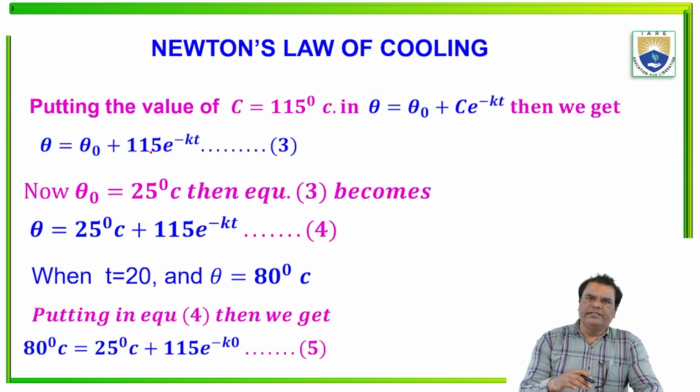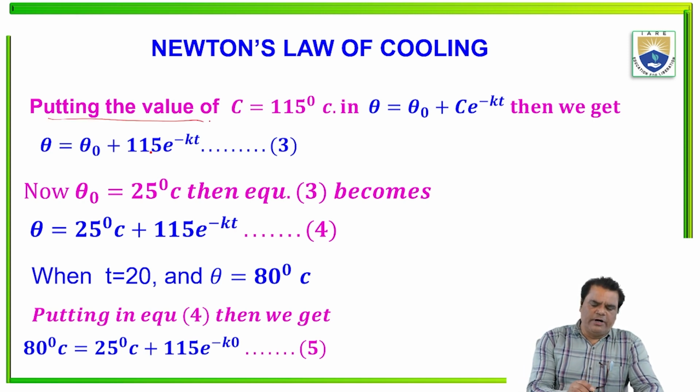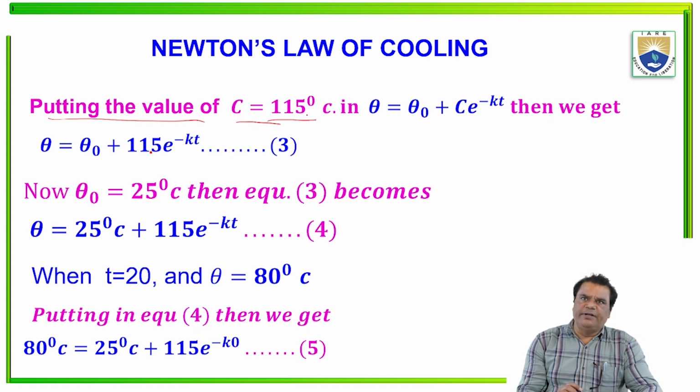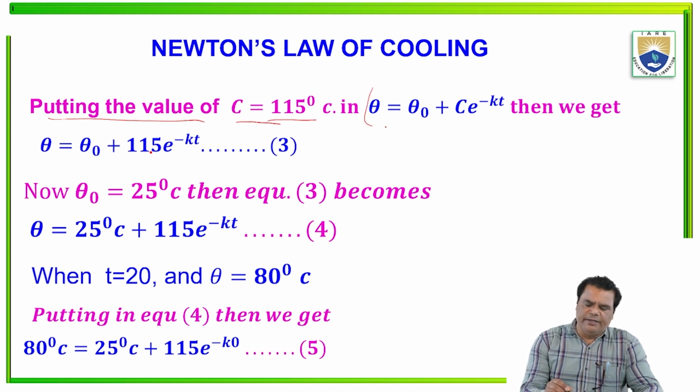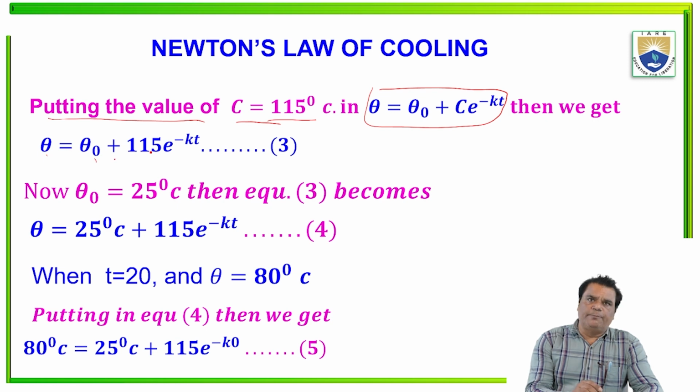Now, putting the value of the integration constant, c equal to 115 degrees centigrade, in Newton's law of cooling formula 1, we get theta equal to theta naught plus 115 e to the power minus kt. This is equation 3.